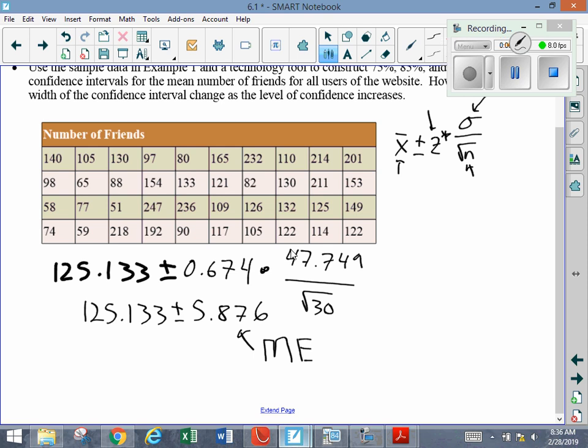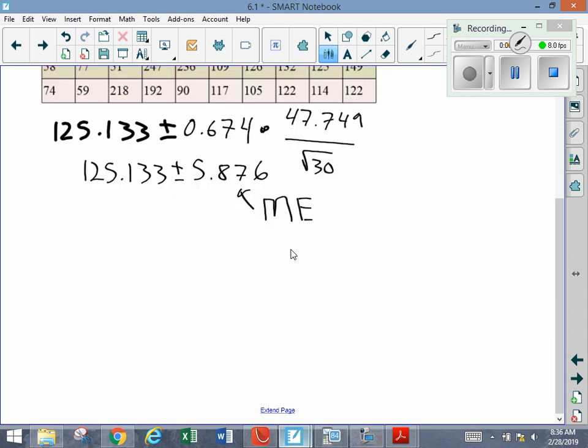So if you're asked to calculate the margin of error, it's all that stuff, right? It is your critical value times your standard deviation divided by the square root of your sample size. All right? So now, in order to construct my interval at 75%, I need to add and subtract 5.876 from 125.133. 125.133 minus 5.876 is 119.257.